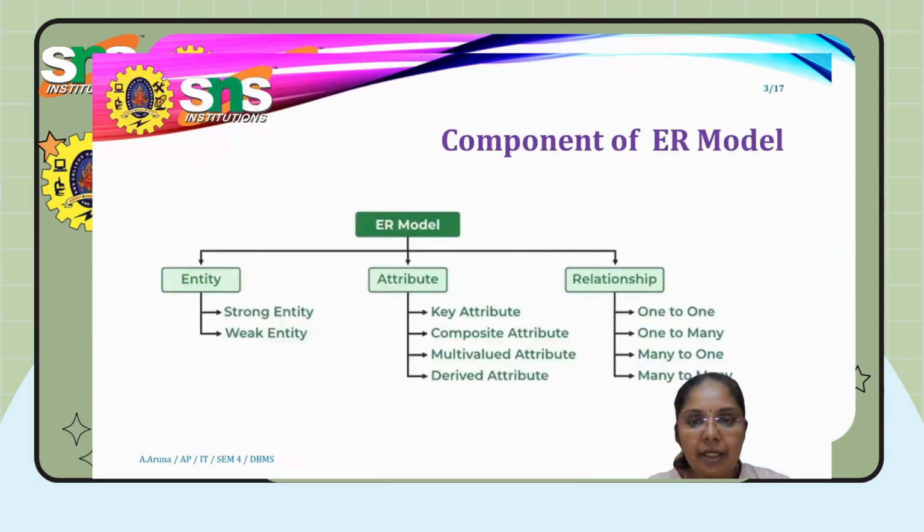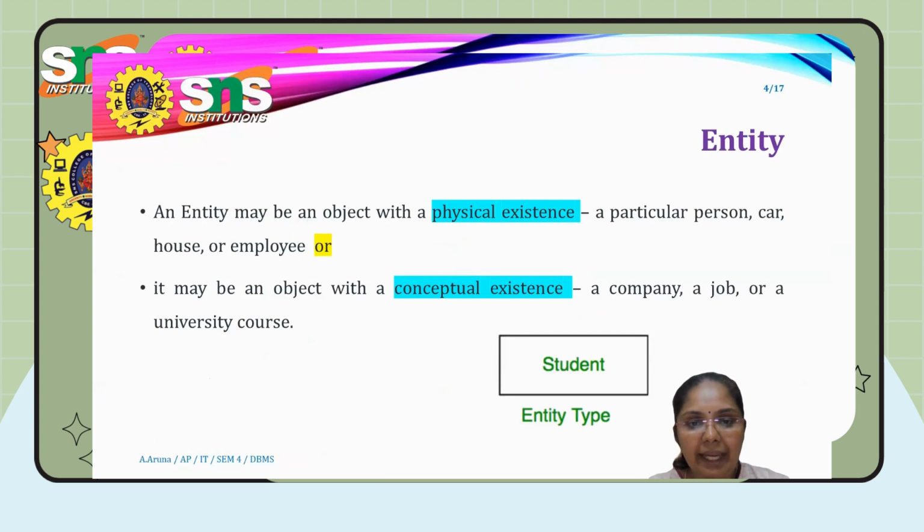Today, before entering into that, first we're going to see about an entity. An entity is nothing but a physical existence, an object, a thing, or a real-world object. Practically, for example, a person is an entity, a car is an entity, a house is an entity, an employee is an entity.